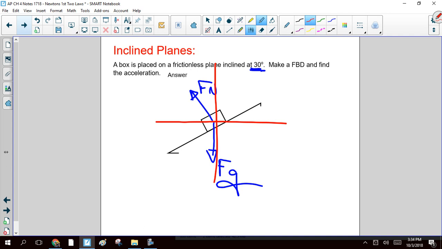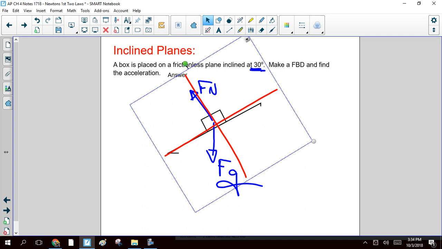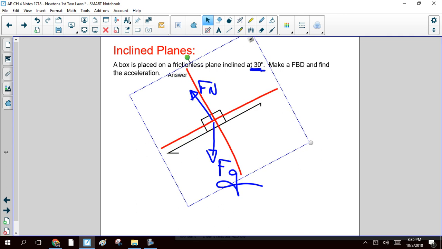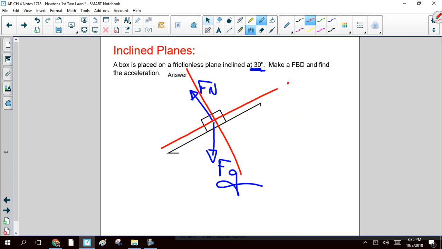Instead of using those two coordinates, what we do is we rotate them so that we have a parallel axis that is parallel to the direction of motion and a perpendicular axis, right? But what that means then is my normal force lies along the perpendicular axis, but gravity doesn't, right? So what we're going to end up having to do is we're going to have to take that force of gravity and split it up into components. One that is along the perpendicular axis and one that is along the parallel axis, okay?